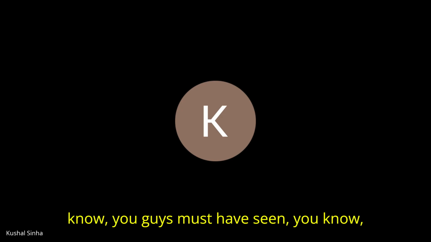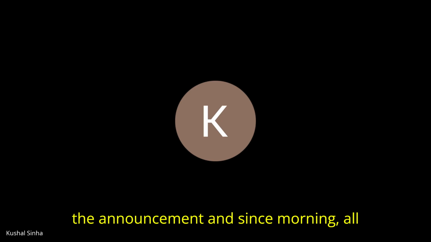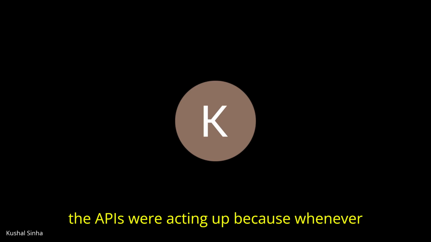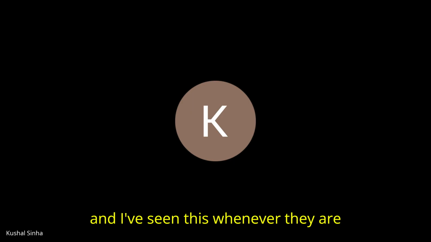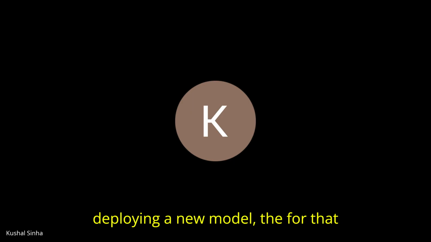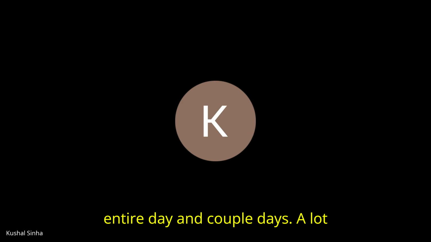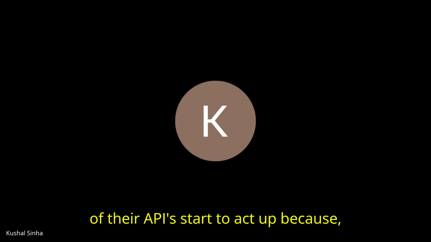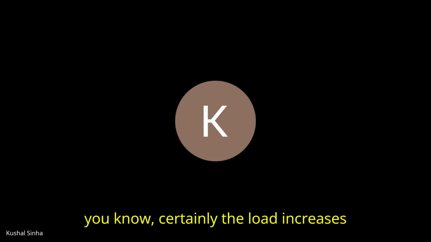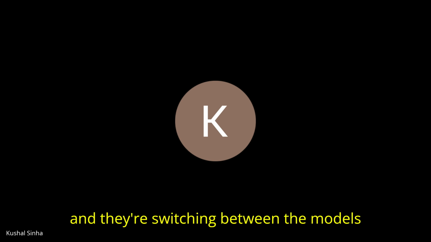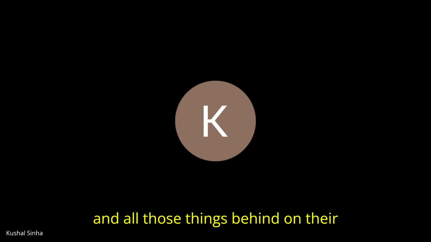I don't know if you guys saw the announcement. Since morning, all the APIs were acting up. I've seen this whenever they're deploying a new model: for that entire day and a couple of days, a lot of their APIs start to act up because suddenly the load increases and they're switching between the models on their servers.